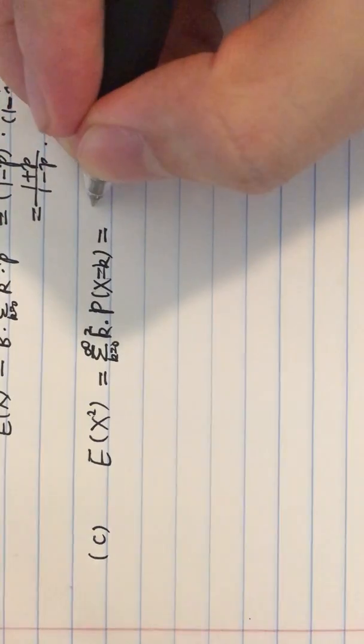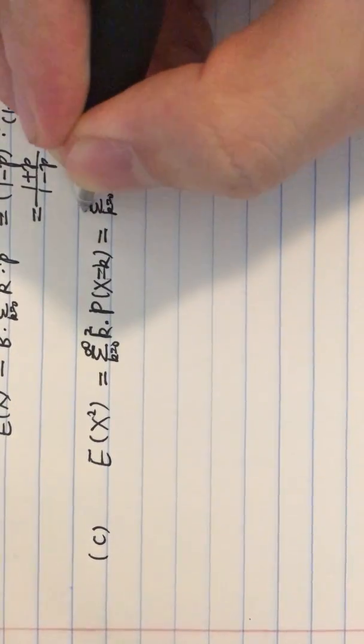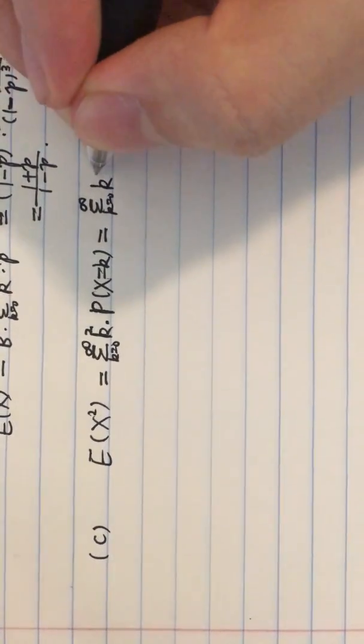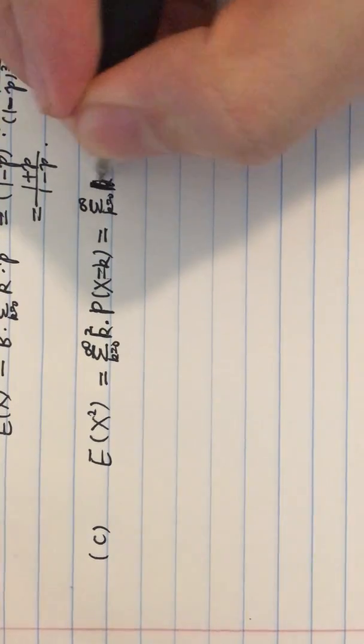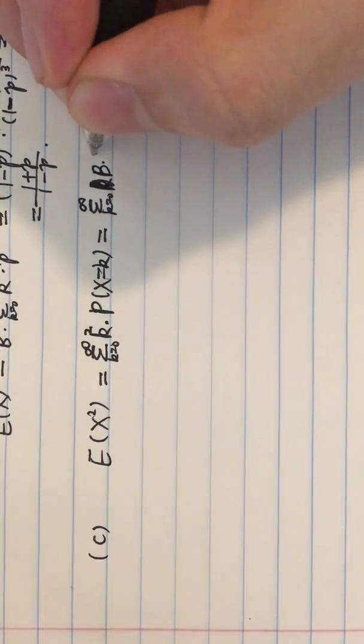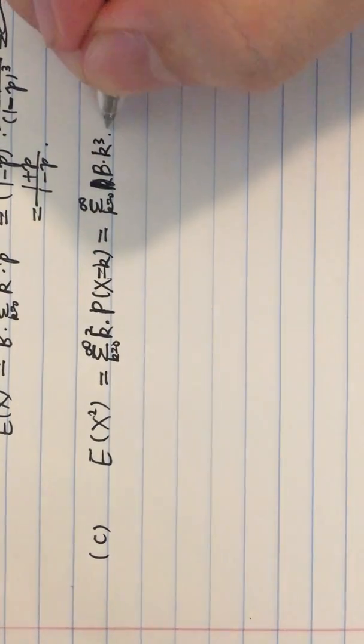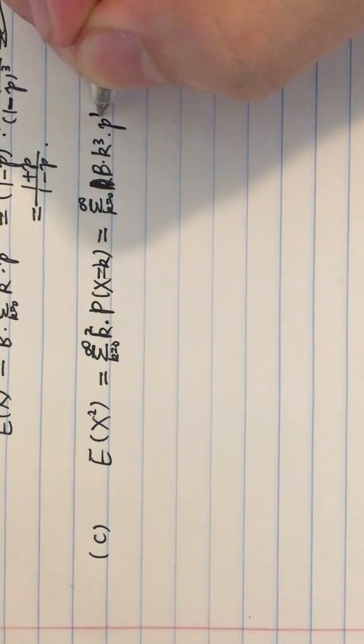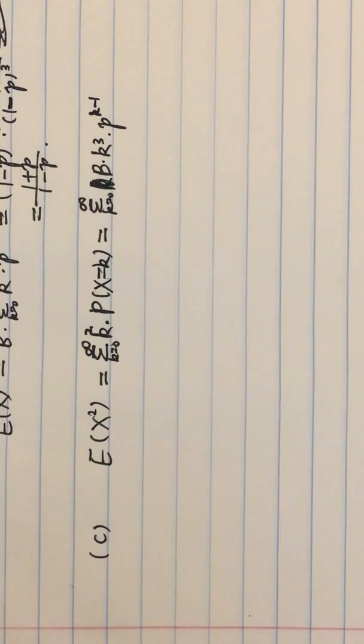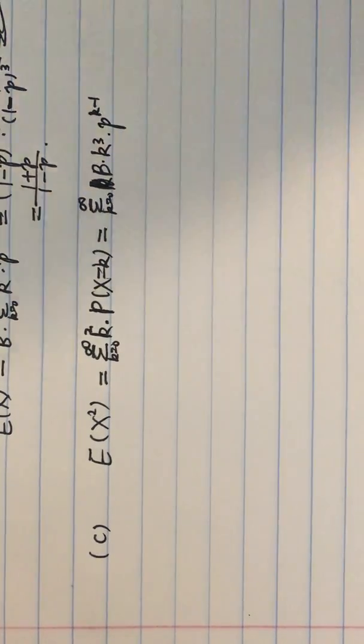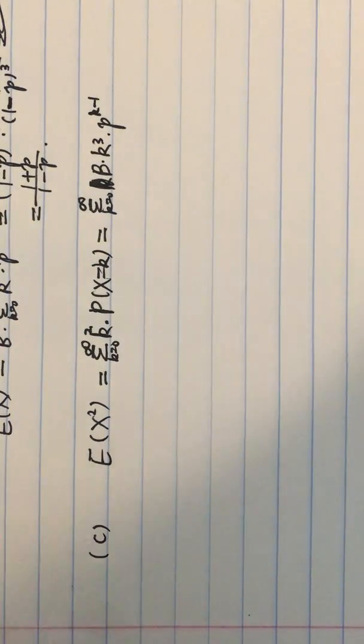It should be b times k to the power of 3 times p to the k minus 1. So in this question, we need to figure out this one.